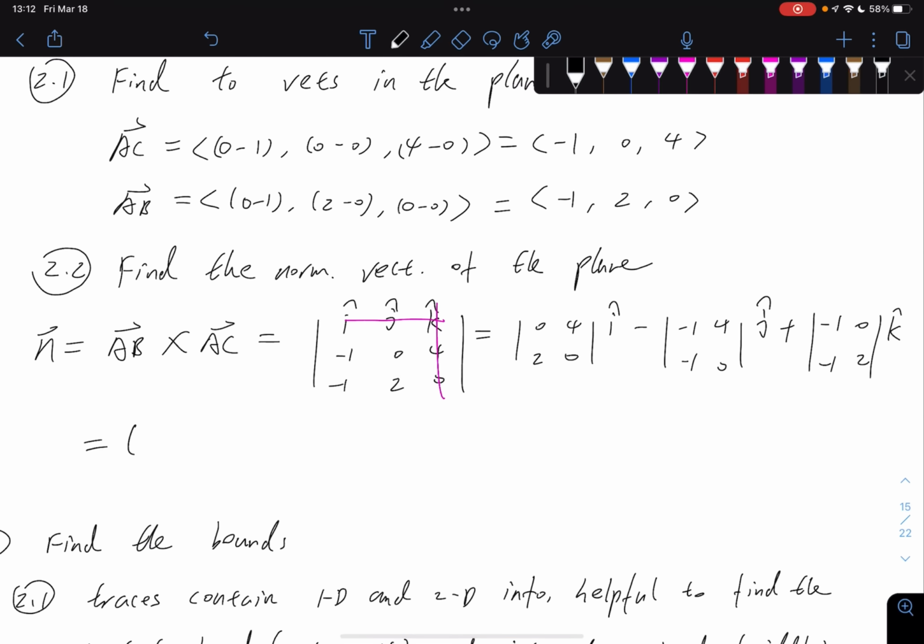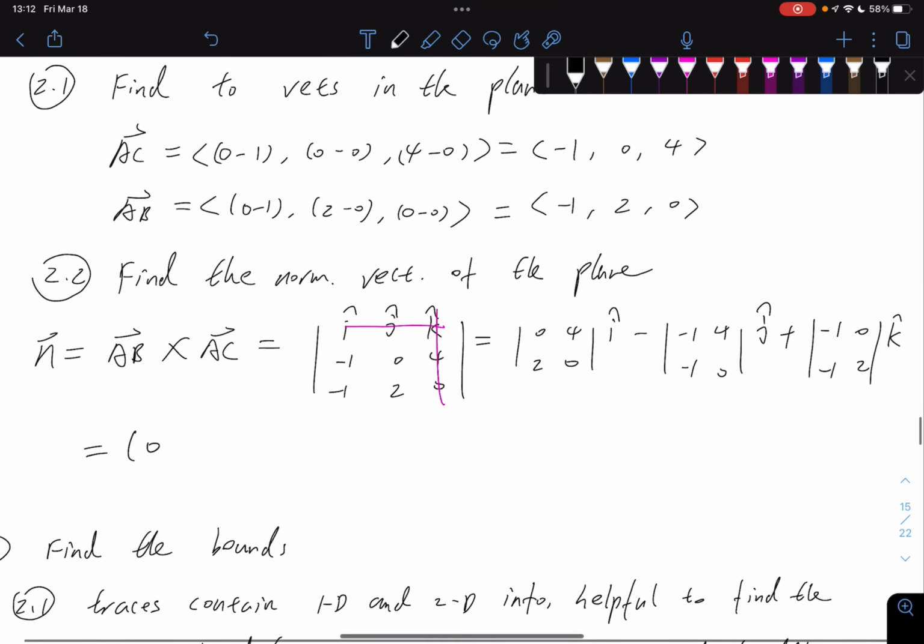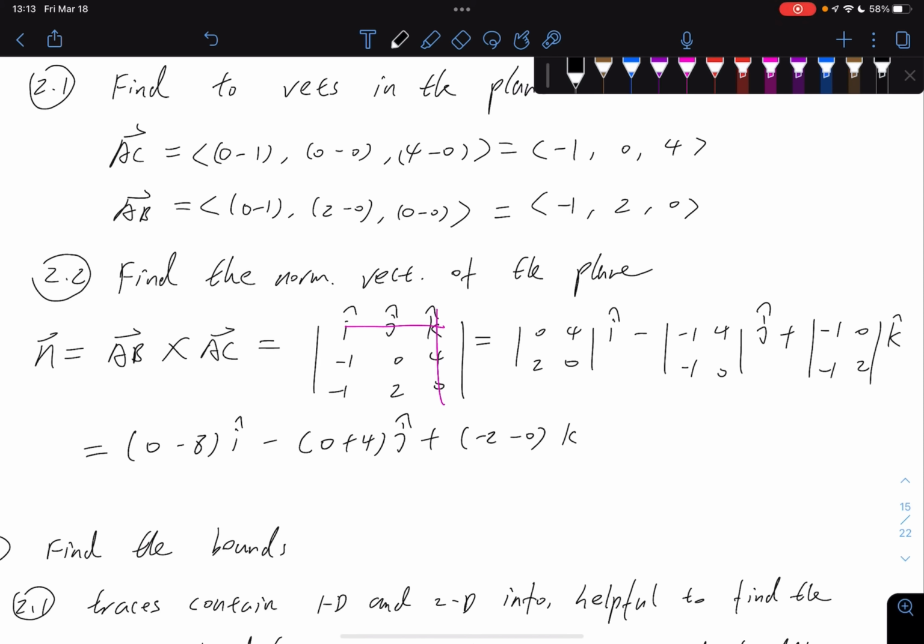That's just 0 times 0 minus 8 i hat, minus 0, plus 4 j hat, and then plus -2 minus 0 k hat.